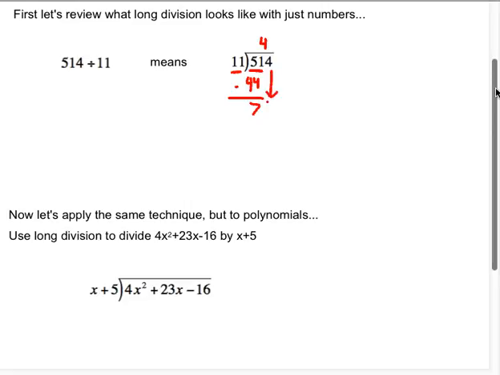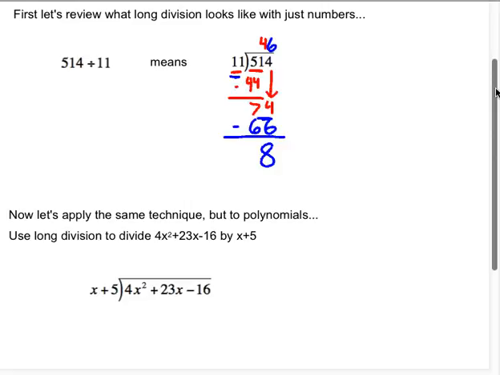Pull down the next number, and let's do this process again. So now I want to see how many times can that 11 go into 74. Well, 11 can go into 74 6 times without going over. That's going to bring me up to 66. And now again, the goal is I want to see how close did I get.